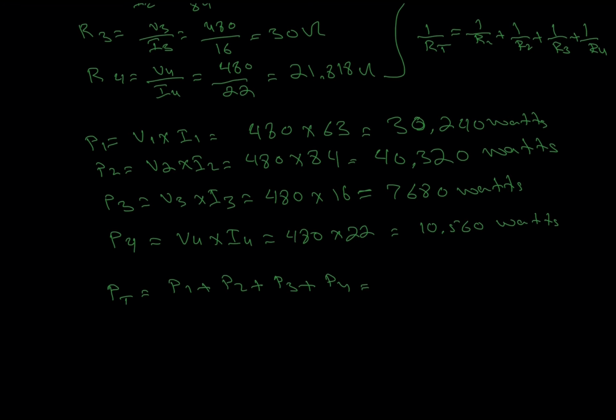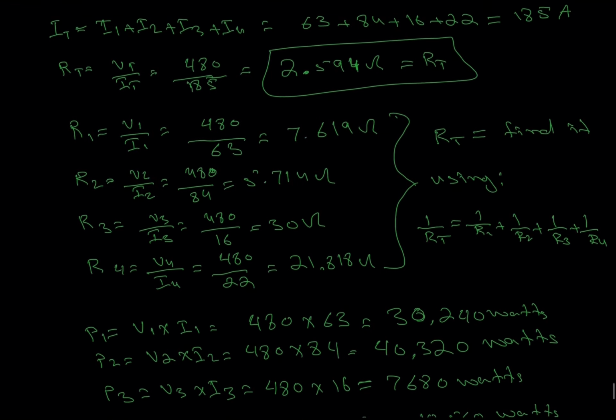So let's add, if you add them together, see what you guys get. But I will find the value of PT like that, VT times IT. VT is 480 volts times, what is IT?